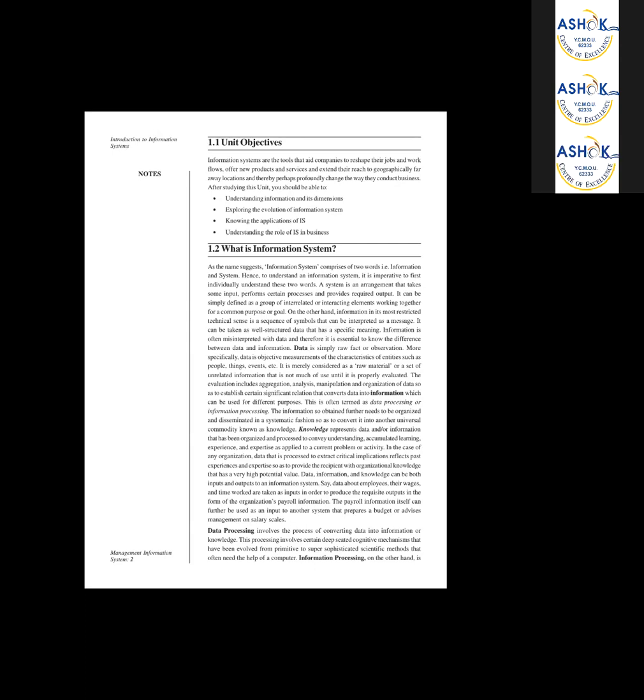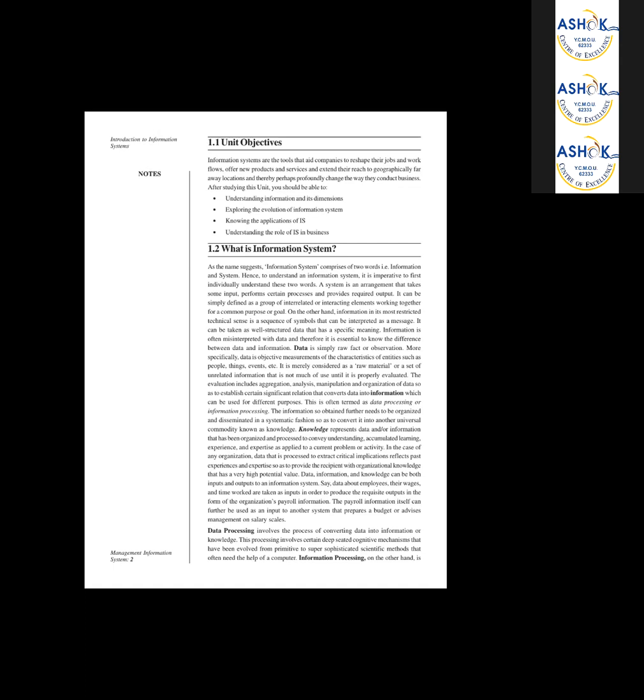On the other hand, information in its most restricted technical sense is a sequence of symbols that can be interpreted as a message. It can be taken as structured data that has a specific meaning. Information is often misinterpreted with data, and therefore it is important to know the difference between data and information.